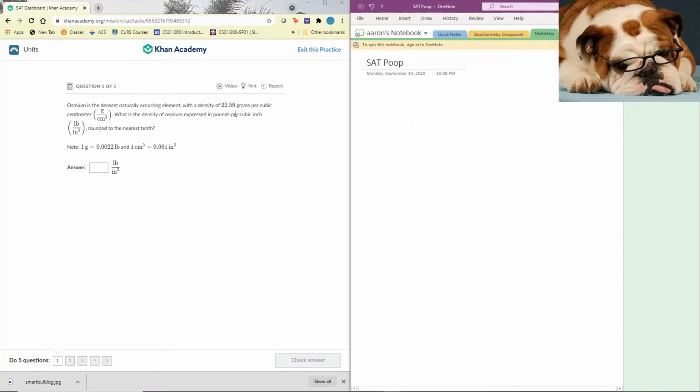Okay, so let's start off with the first problem. Osmium is the densest naturally occurring element with a density of 22.59 grams per cubic centimeter.